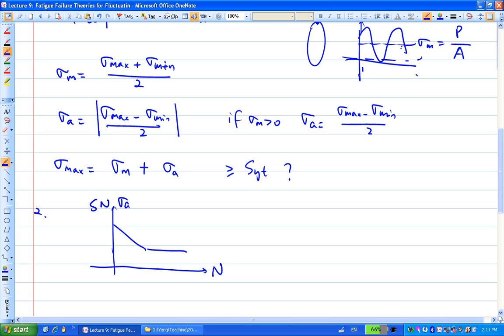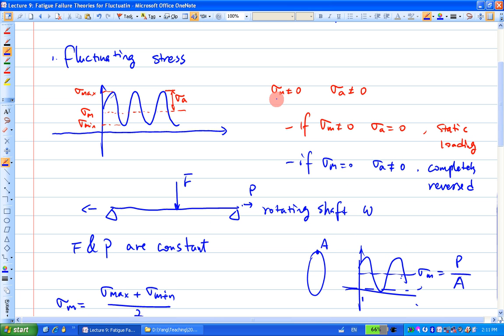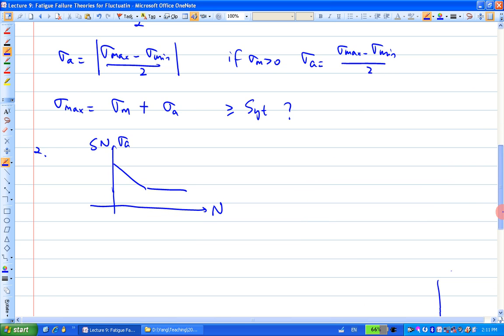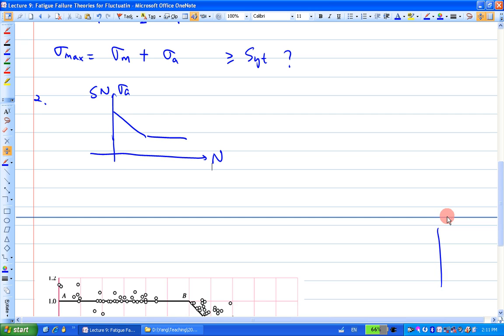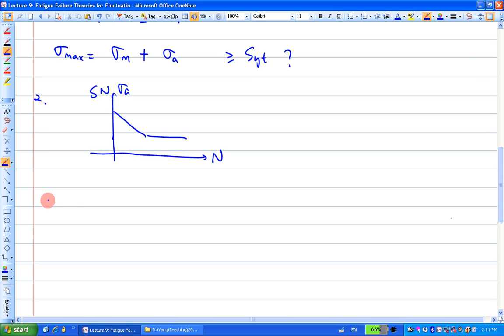Now the question is, if I do have a sigma m in presence, which is not just sigma a anymore, maybe positive, maybe negative, what will be the effect of this sigma m on the SN diagram?